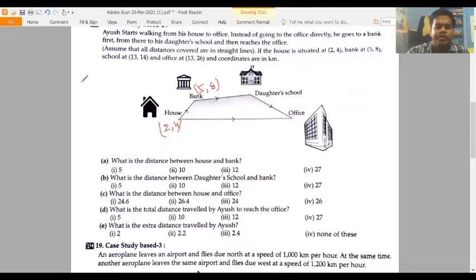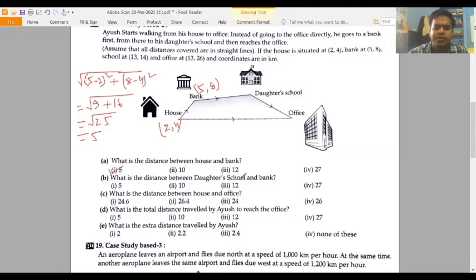We'll use the distance formula: square root of x1 minus x2 whole square plus y1 minus y2 whole square. So 5 minus 2 is 3, squared 9, plus 8 minus 4 is 4, squared 16. 16 plus 9 is 25, square root is 5. So 5 kilometers is the distance between the house and the bank.